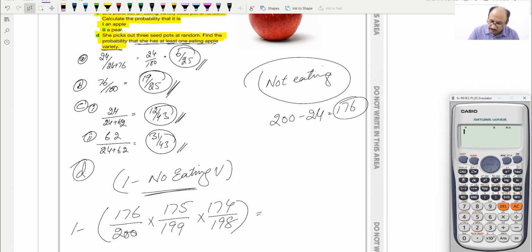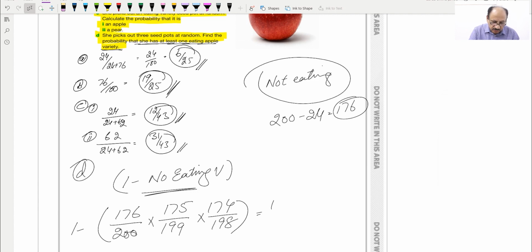So this will be 1 minus, in brackets, 176 over 200 multiplied by 175 divided by 199 multiplied by 174 divided by 198, and the bracket closed, and this is equal to 191 over 597. So 191 over 597, this will be the final answer for this question.